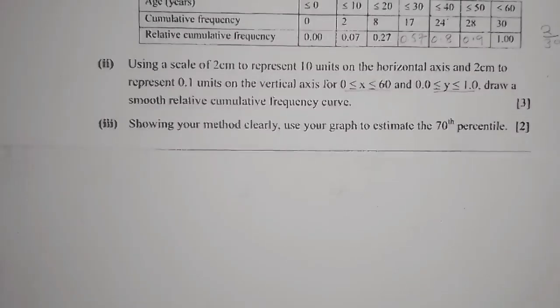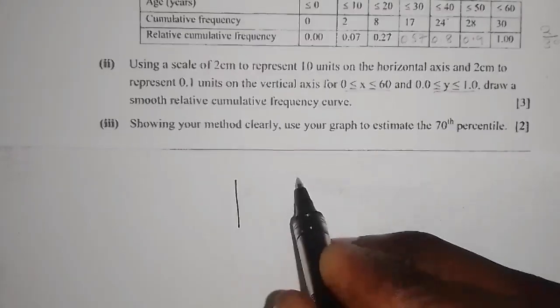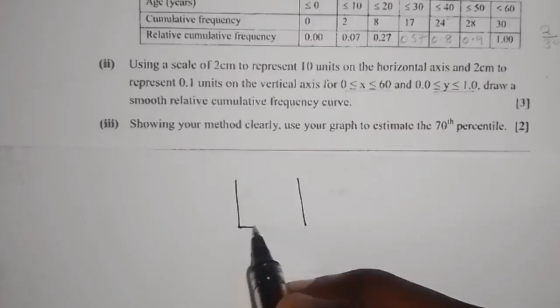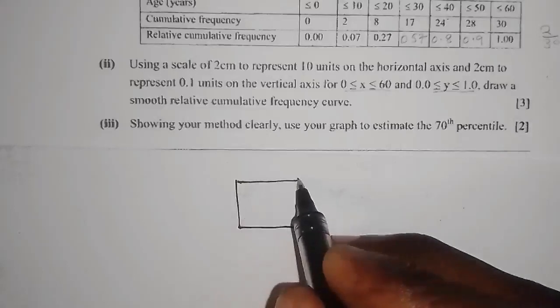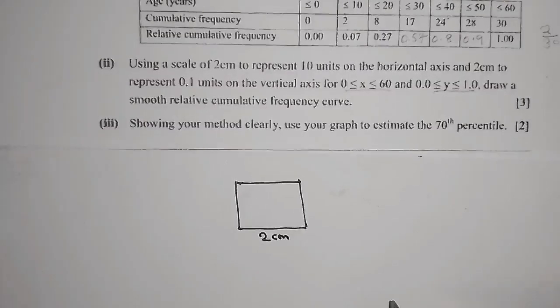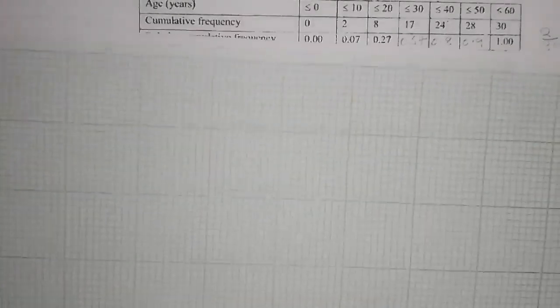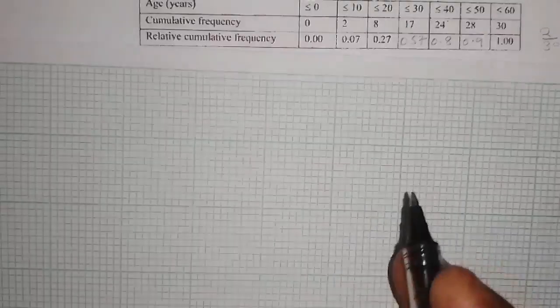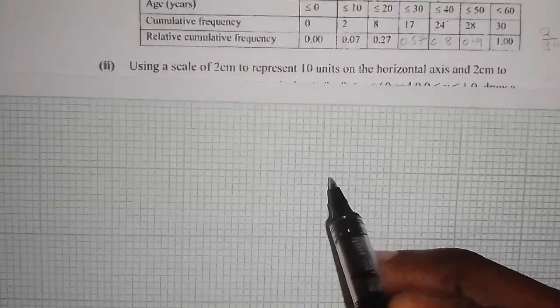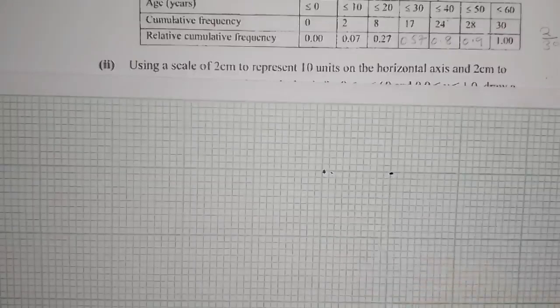What this means is that those big boxes on the graph are squares of 2 centimeters. This line, from here to here, is 2 centimeters.